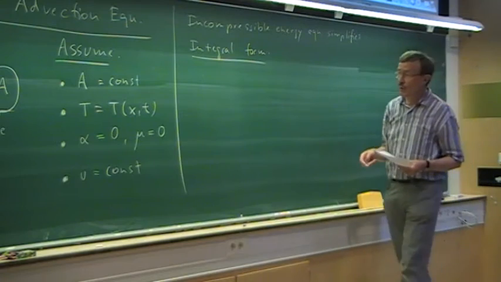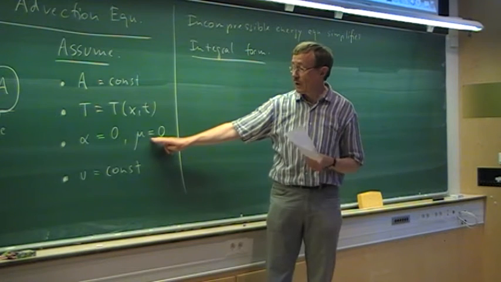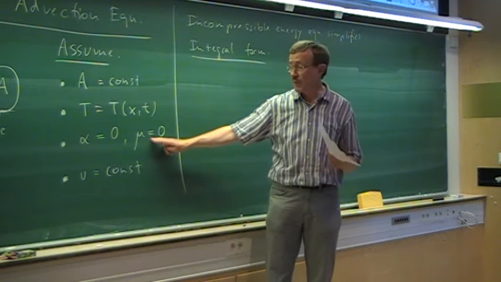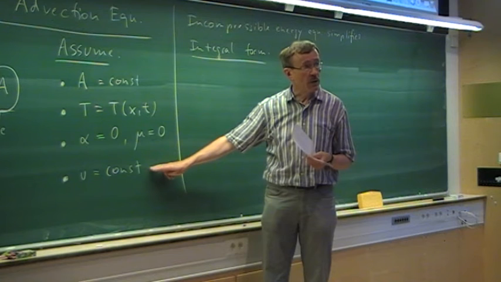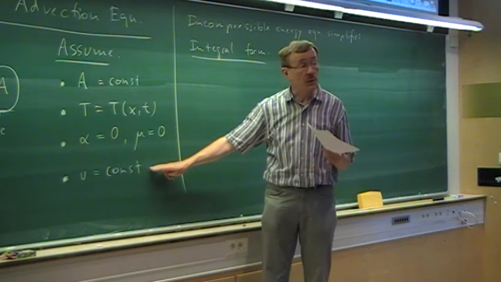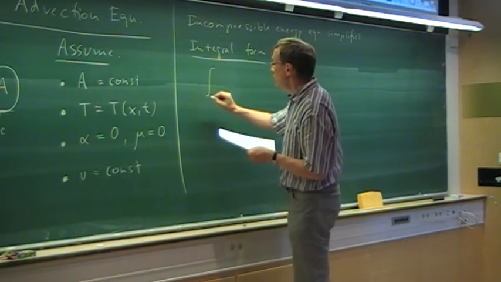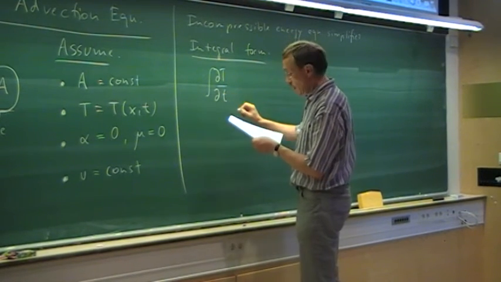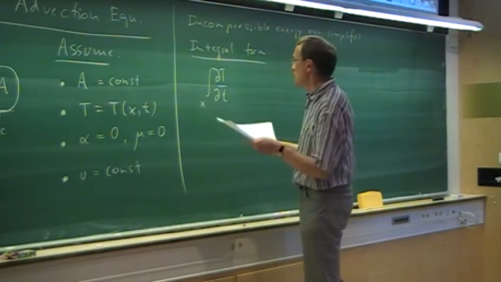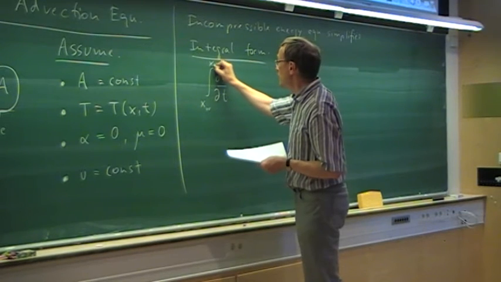We've already argued that we eliminate heat conduction, and we eliminate the heat produced by viscous dissipation. And if the velocity is constant, things get simpler, but we will nevertheless have some convection part. What will be left is essentially the time derivative of the temperature, and in this simple case we just integrate from the western to the eastern face.